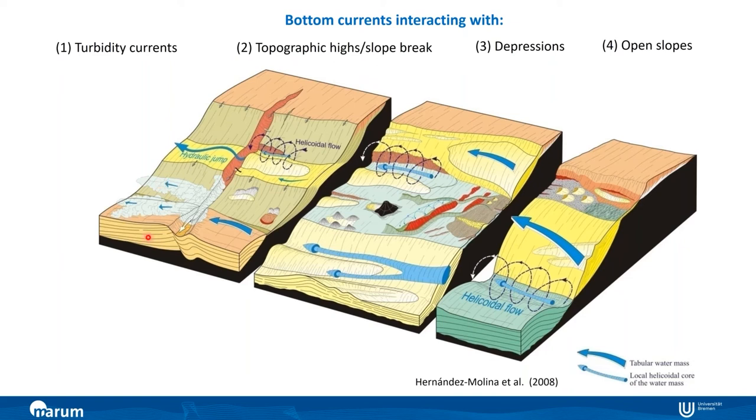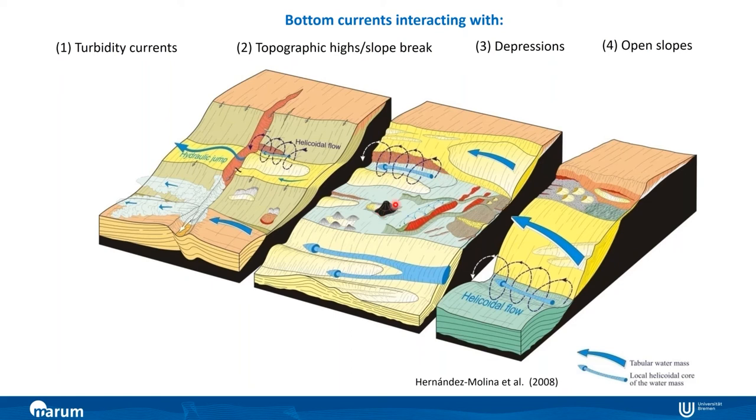So we can have the interaction of contour currents with the submarine channels or submarine canyons, and also with the turbidity currents themselves. Then we can, of course, have more pure contourite systems where mainly bottom currents modify sedimentation and erosion on the slope and can control strongly the morphology of the seafloor. So we can have the formation of some channels along the slope, and also often we can have the interaction with topography, such as seamounts or ridges.